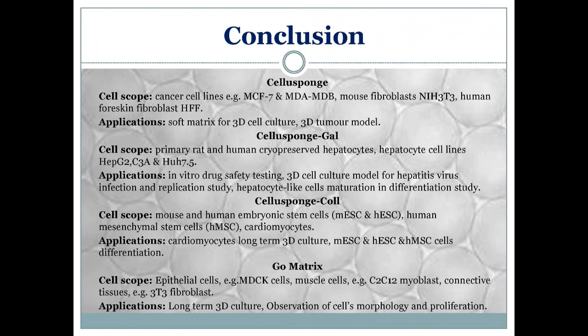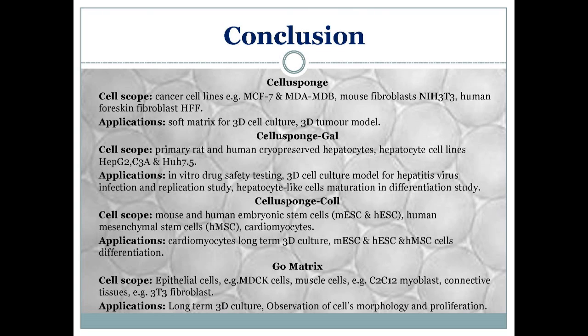As a conclusion, we can see Cellosponge is good for cancer cell lines, such as MCF7, MDA, MDB, mouse fibroblasts NIH3T3, human foreskin fibroblast HFF. Its applications are soft matrix for 3D cell culture and 3D tumor model.